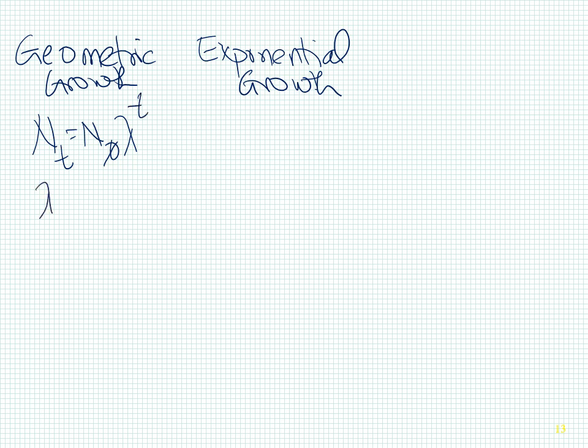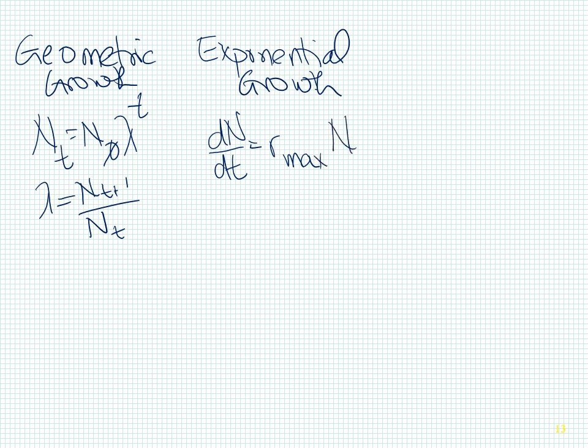And we had calculated the geometric increase was a simple calculation as the ratio of the population sizes from one time step to the next. Exponential growth, we're looking at the change in the population over time, which equaled the maximum growth rate of the population times the population size.